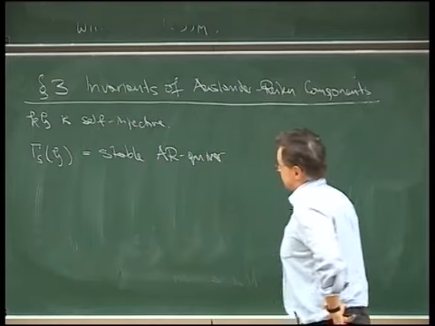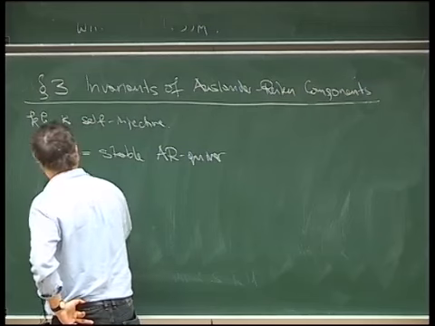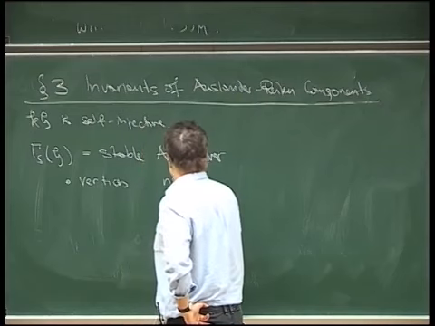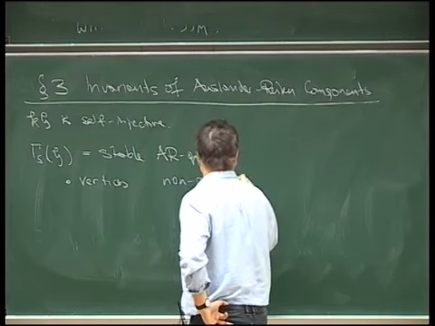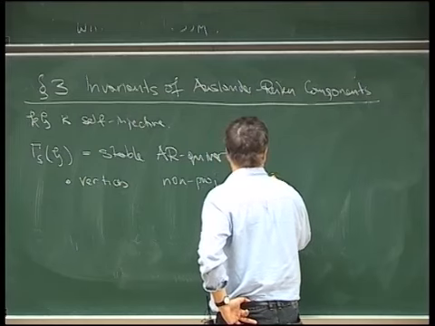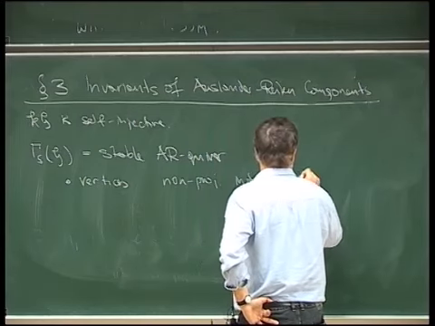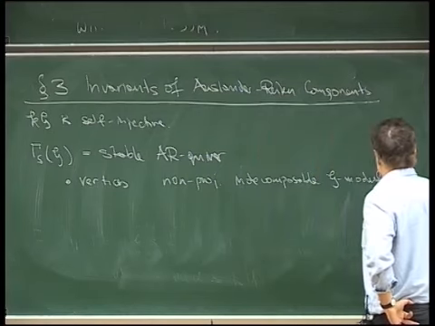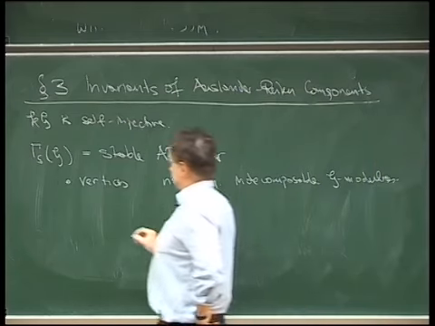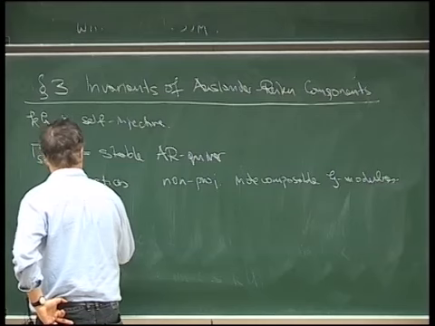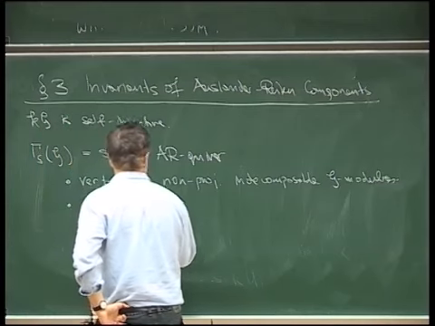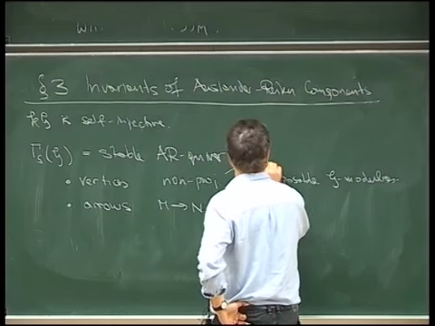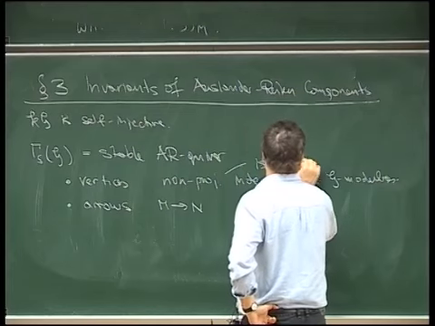So this is a directed graph which has the following ingredients. The vertices are the non-projective indecomposable G-modules, or rather their isoclasses.